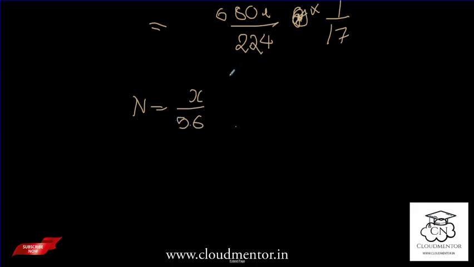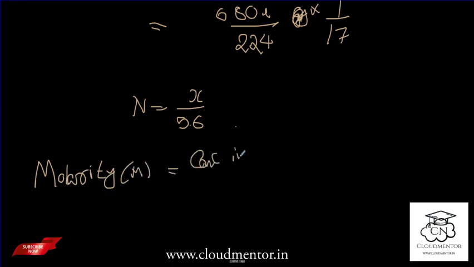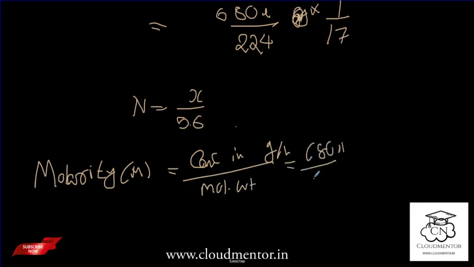X is the amount we take. And the molarity, now we need to find the molarity M, which will be equal to concentration in gram per liter divided by the molecular weight, that is 680x by 224 multiplied by 1 by 34.